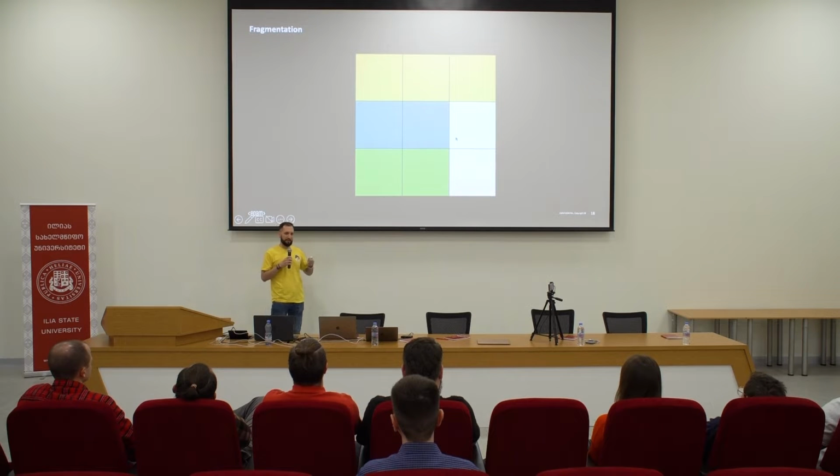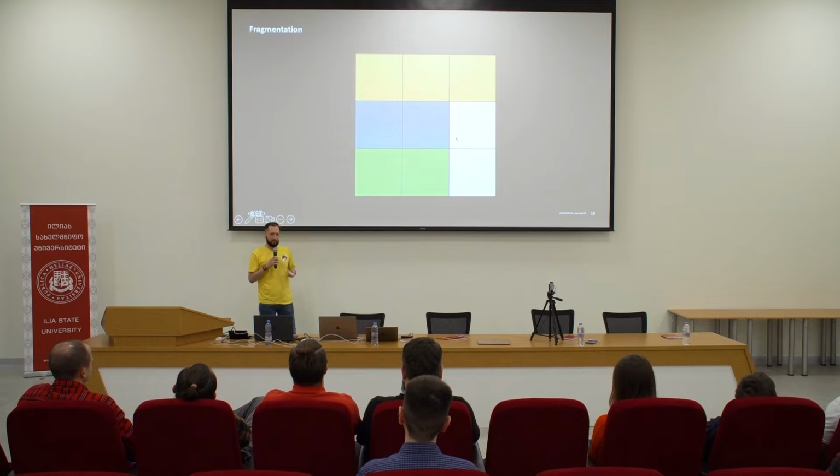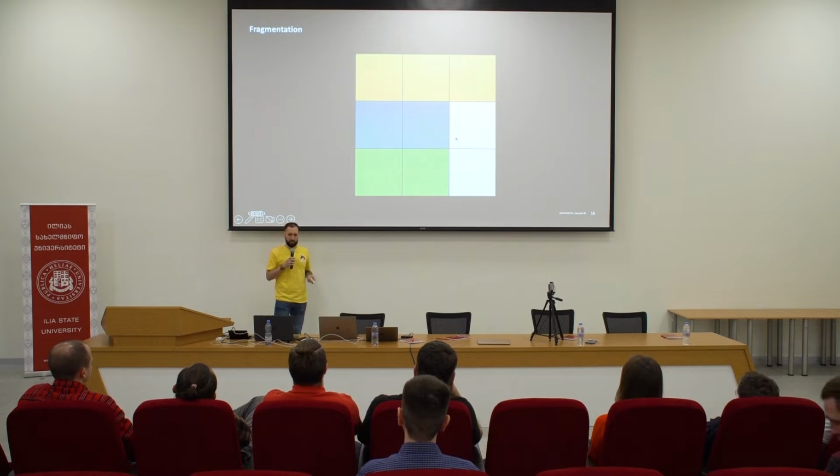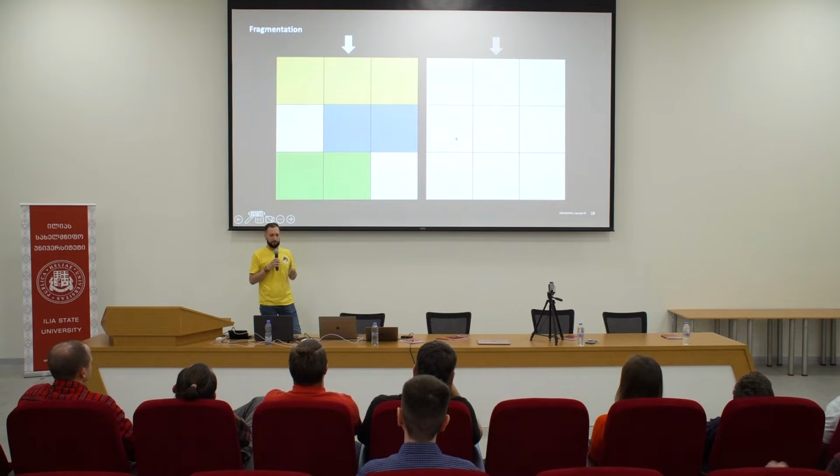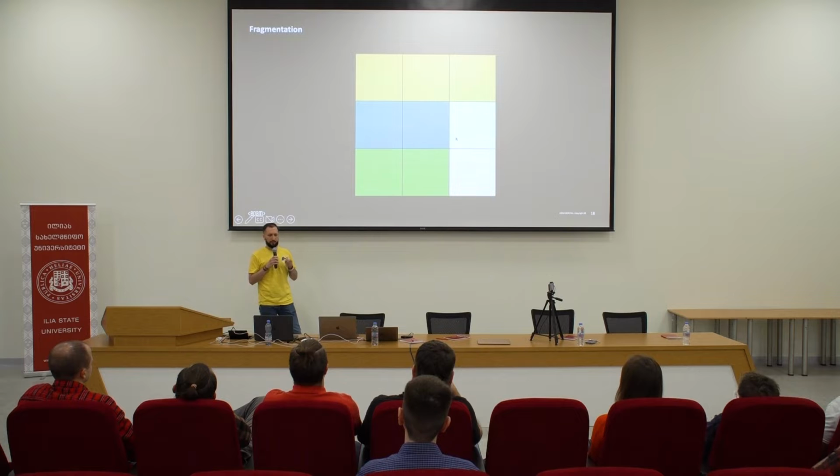But there is another way. We can align all live objects in our memory, so the problem of allocating memory for new objects, like the size of 2 in my example, would not be a problem anymore. So here in my example, we had to play Tetris inside the memory, but we can do better.